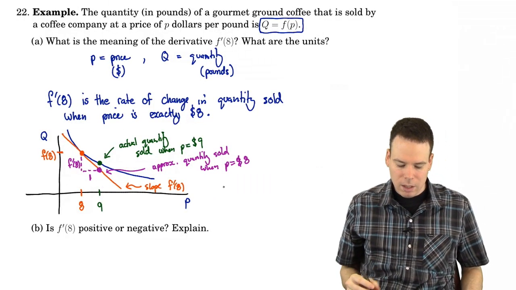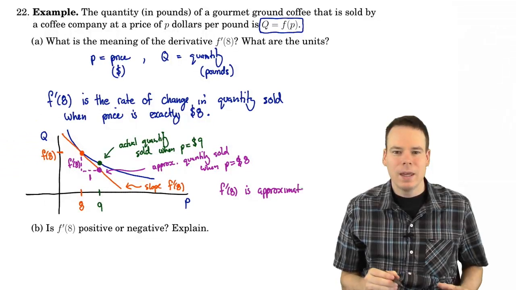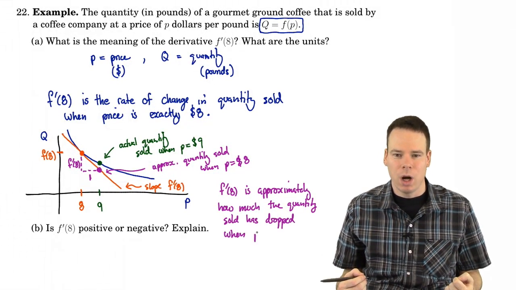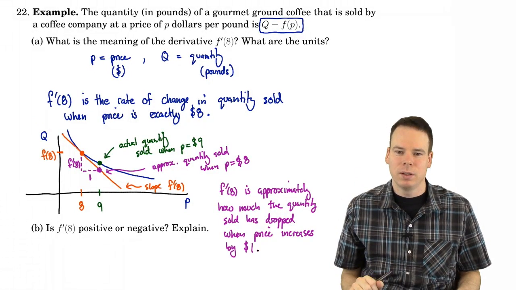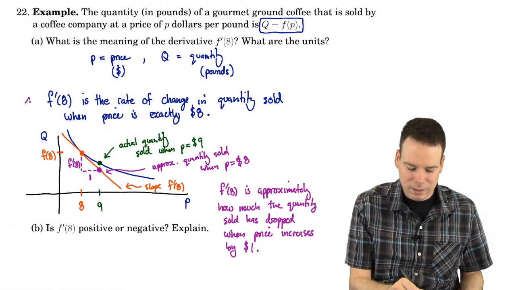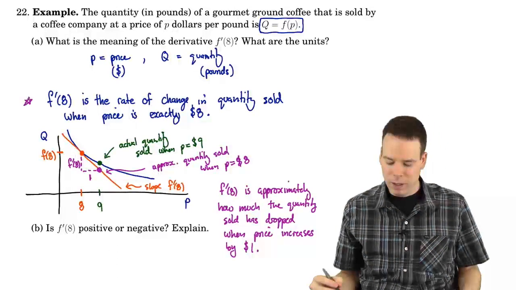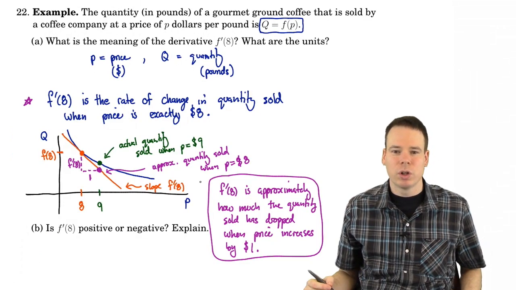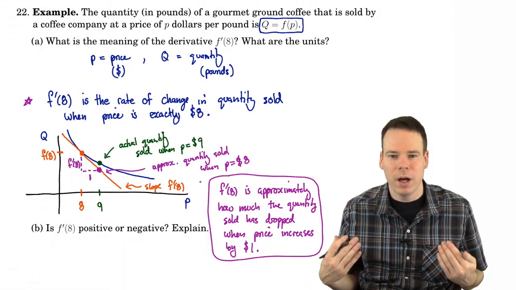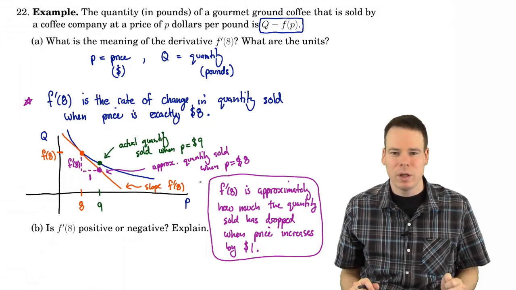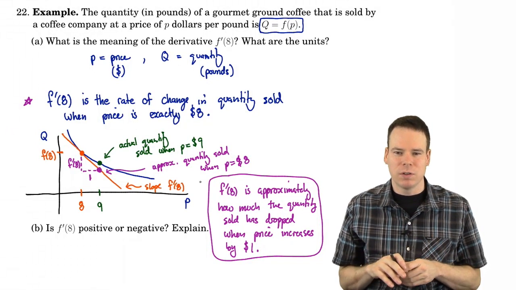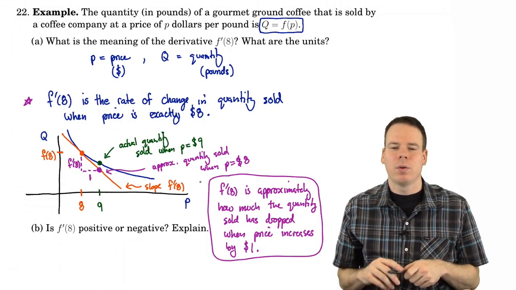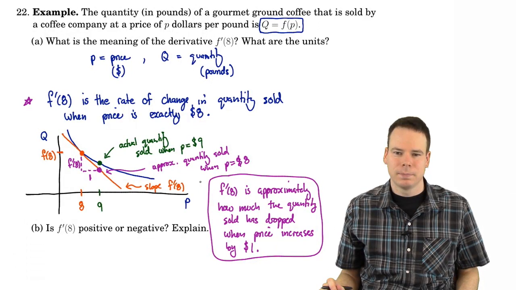In other words, f prime of 8 is approximately how much your quantity sold has dropped when you increase your price by 1 unit. So this is the actual meaning of f prime of 8, and this is how we interpret it. The instantaneous rate of change at that point tells us how the function is changing. For every unit increase, the derivative is telling us roughly how much the function has changed by.